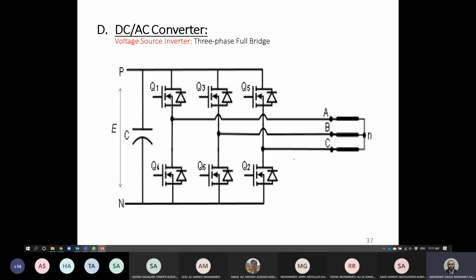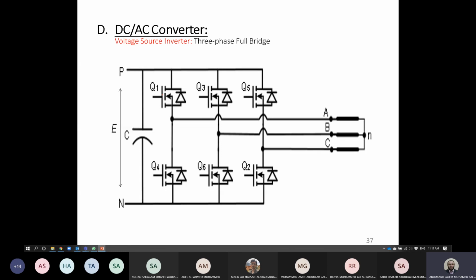How can it operate? Now we have here 6 switches, 1, 3, 5, and the naming is standard. Odd in the upper, and in the lower 3 switches, 4, 6, 2. Why did we start from 4, not from 2? Because all the time we need a difference between upper and lower switch of 3.